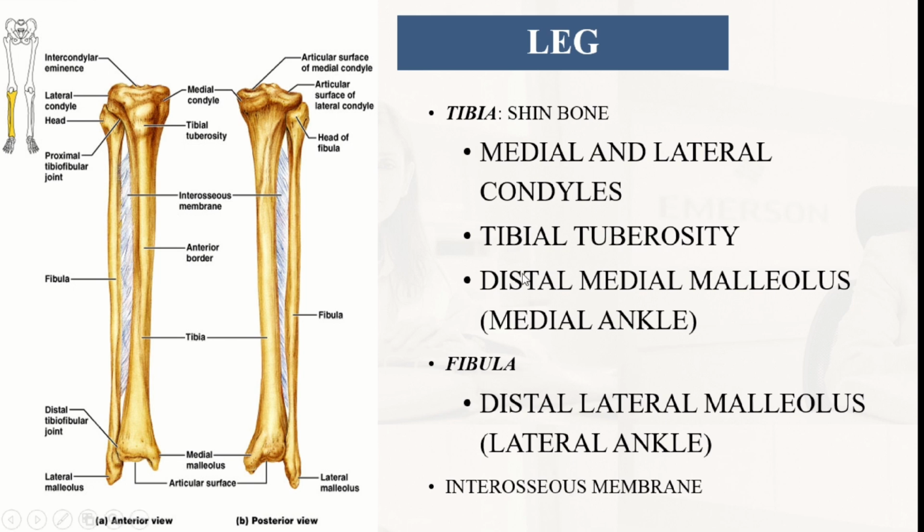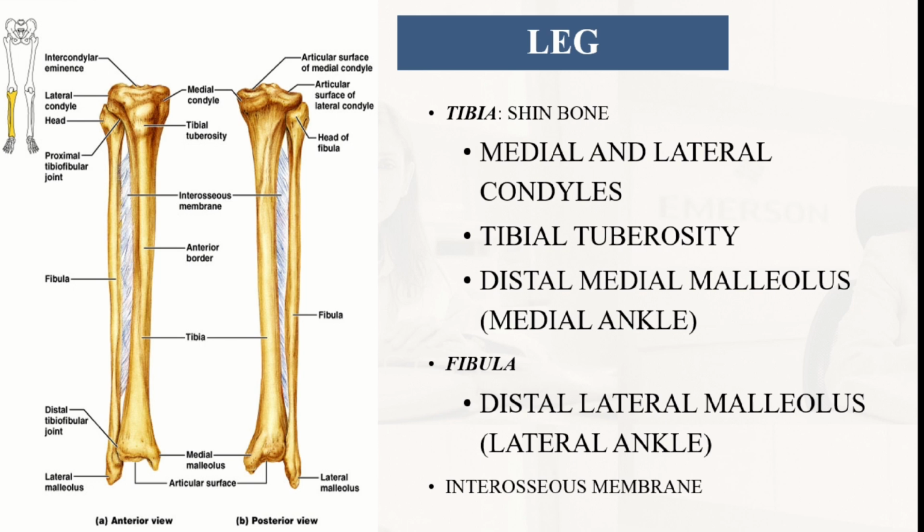So the tibia has the distal medial malleolus, whilst the fibula has the distal lateral malleolus. We are together. When you are in anatomical position, the medial malleolus is the one from the tibia.